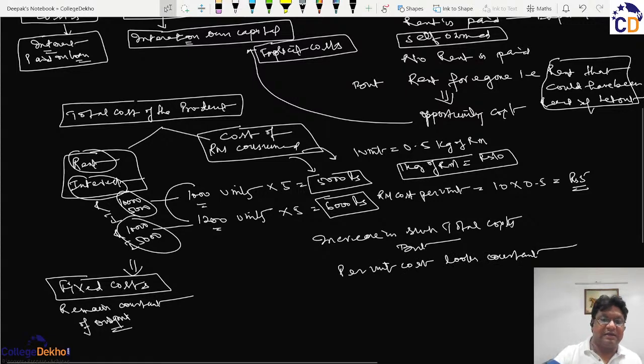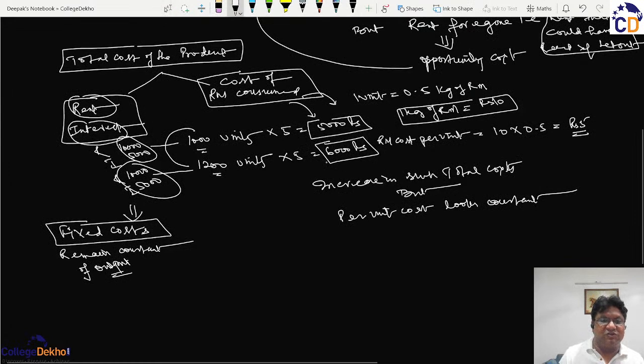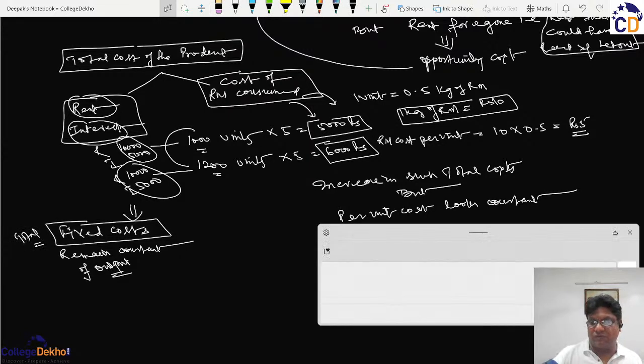And if we analyze again here, the fixed cost remains constant of the output, and this fixed cost is actually the total fixed cost.